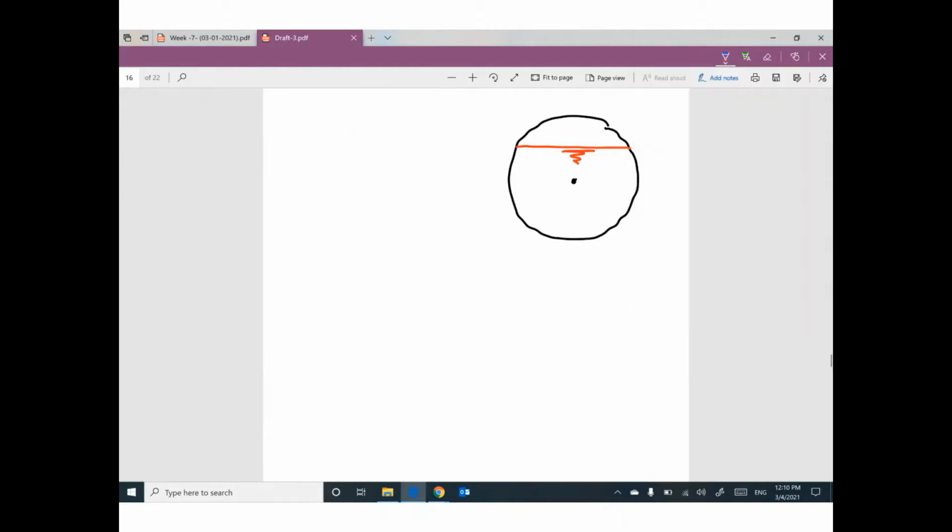Why? Because the hydraulic radius equals area divided by P. What is the area right now? The area is not a half circle and not a whole circle, something in between. How much? I don't know.